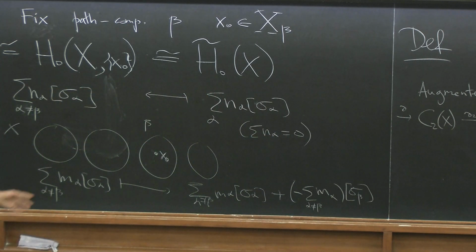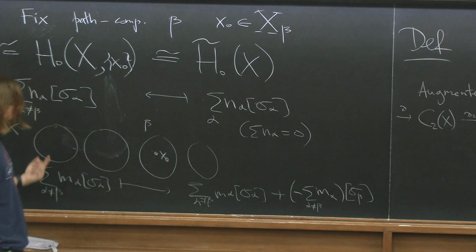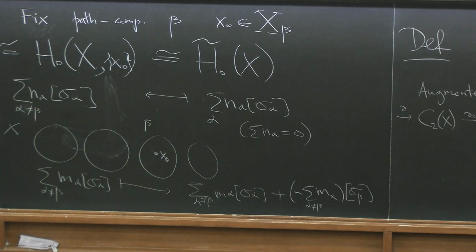Here, in all these cases, my beta is fixed, but alpha is what I use for summation.